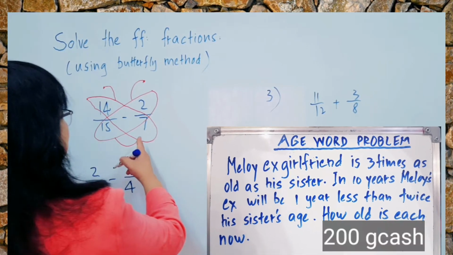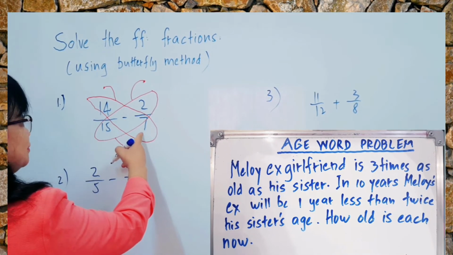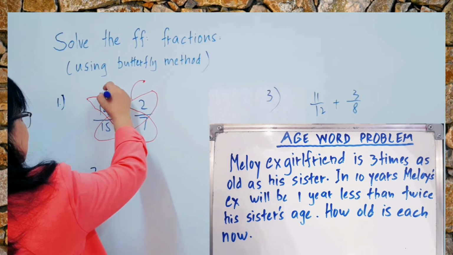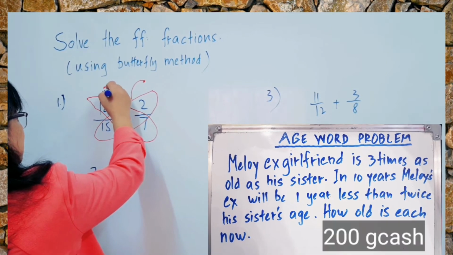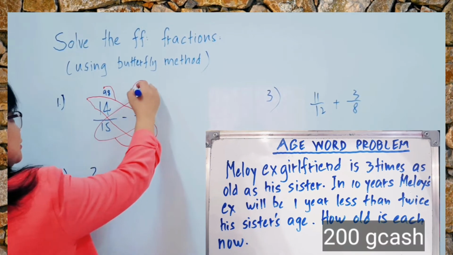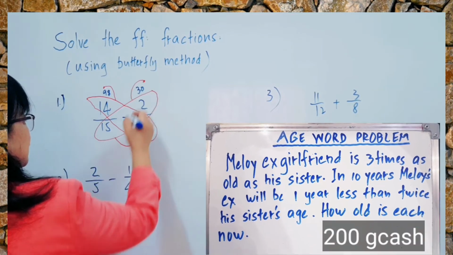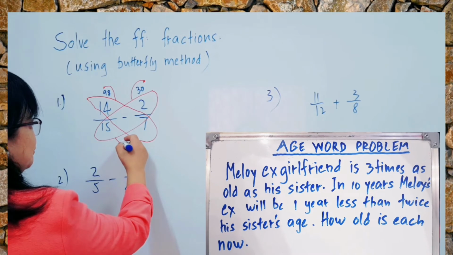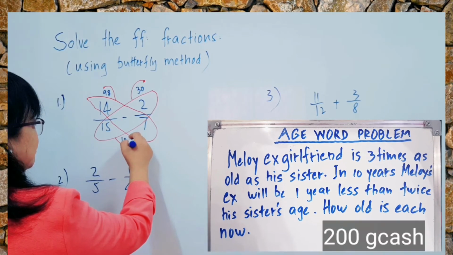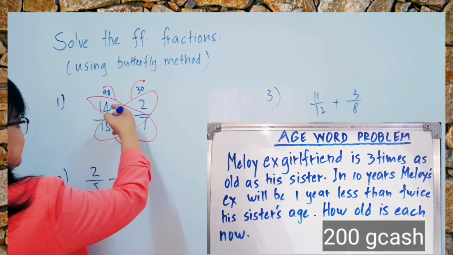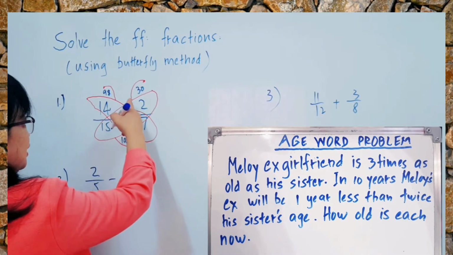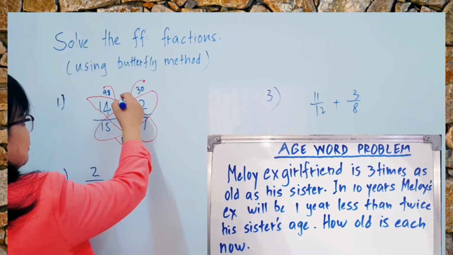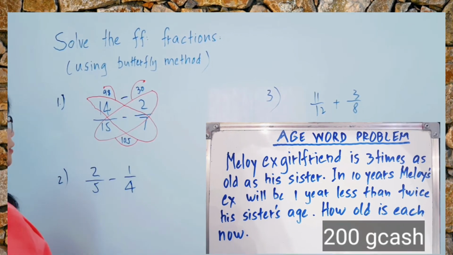So, what we will do, 14 times 7 is equal to 98. So, this is 98. And 15 times 2 is equal to 30. Now, 15 times 7 is equal to 105. Therefore, this one here, we have to minus.